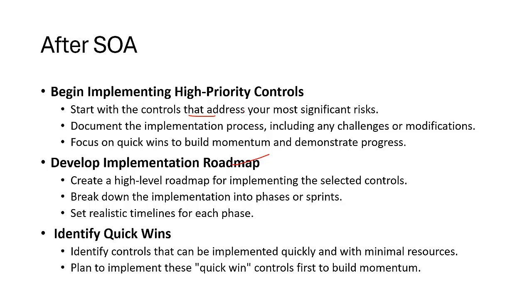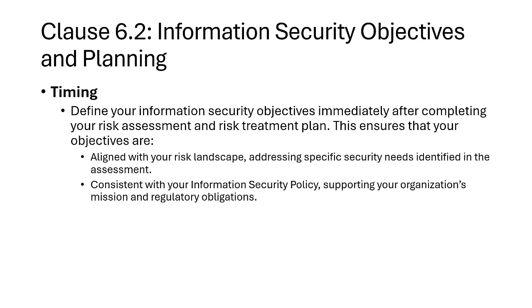After the SOA, we follow clause 6.2, which is called information security objective planning. All controls we have to implement, but any control you introduce should have objectives. So you have to define the information security objectives immediately after doing your risk assessment and risk treatment plan. This ensures that your objectives are aligned with the risk landscape, and you address the information security needs identified in the assessments.